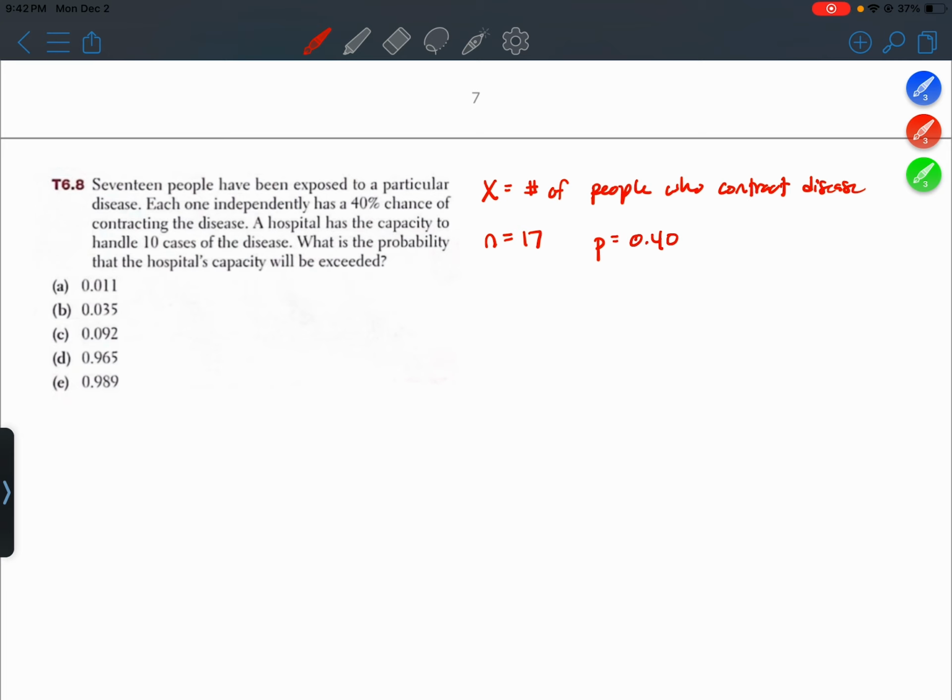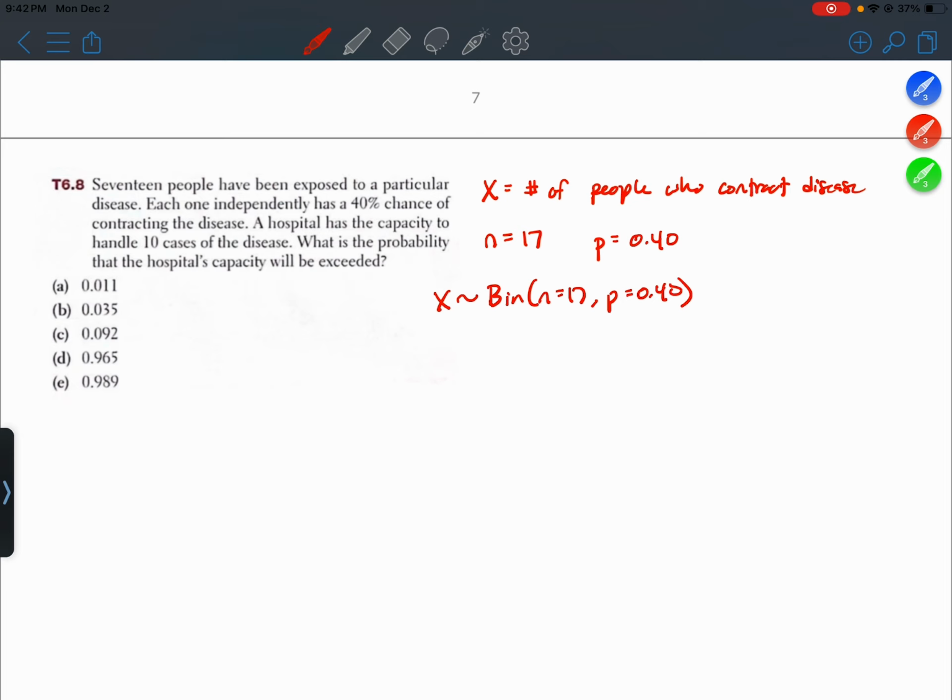N is 17, right? No more, no less. And then we have the same probability, 40% on every trial. All right, so this is a binomial. So X has a binomial distribution with N equals 17 trials and P, 40% chance of success.